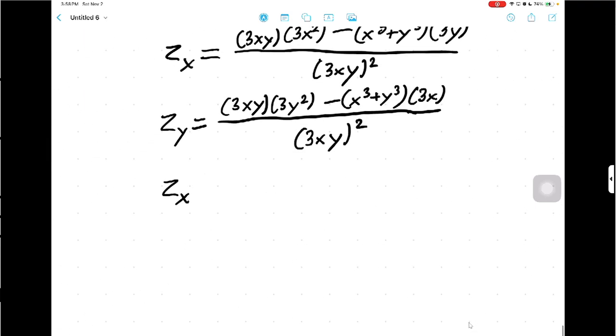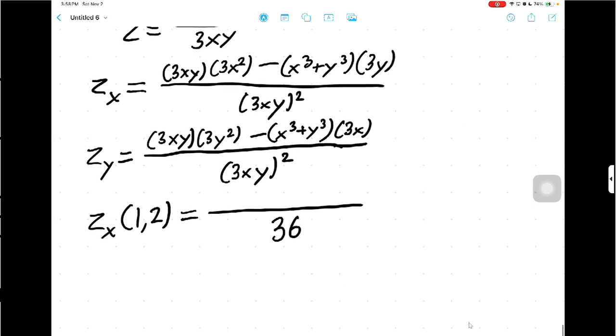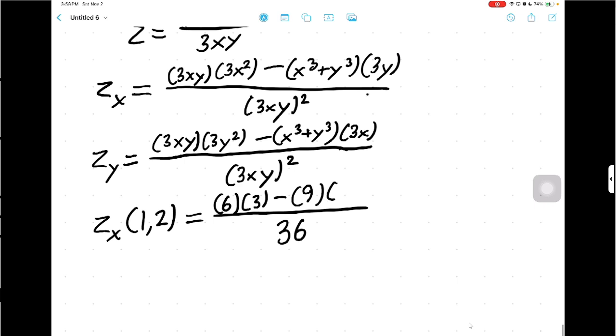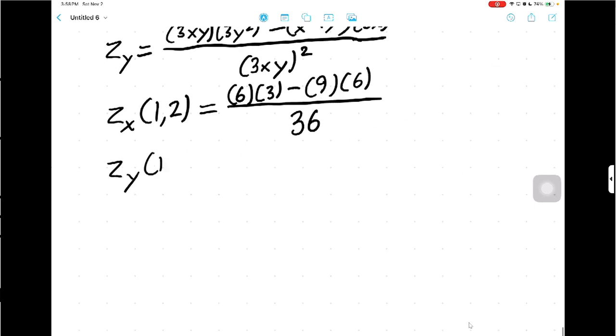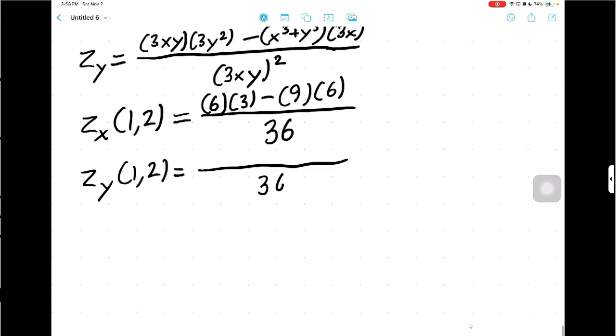And then we're given the point 1, 2. So the bottom here is going to be 3 times 1 times 2 squared, which is going to be 36. 3 times 1 times 2 is 6 times 3 minus 1 cubed plus 2 cubed, which is 1 plus 8, that's going to be a 9 times 3y, that's going to be 6. Again, same thing, we have an over 36 here.